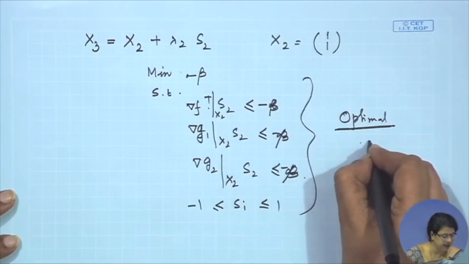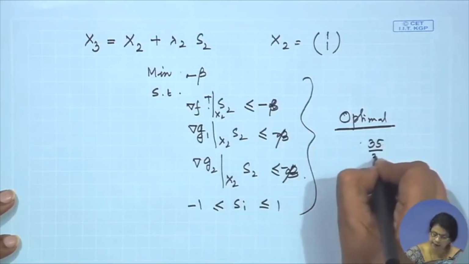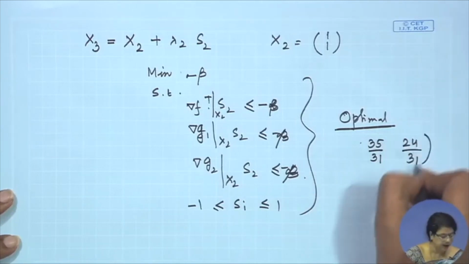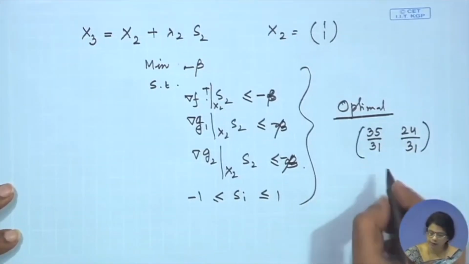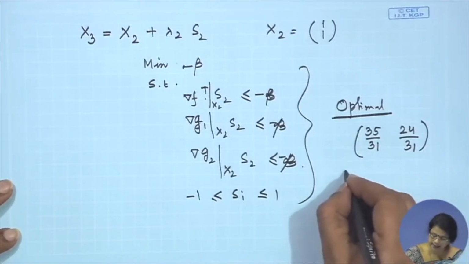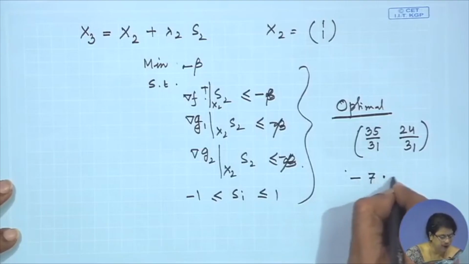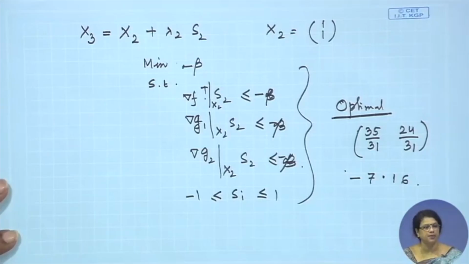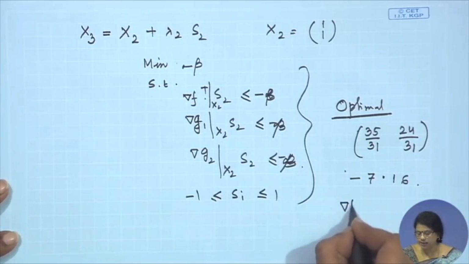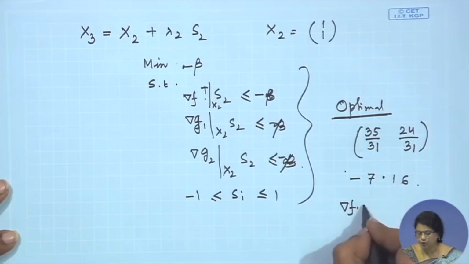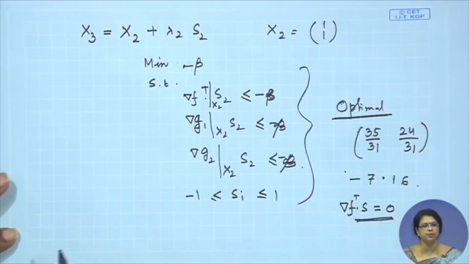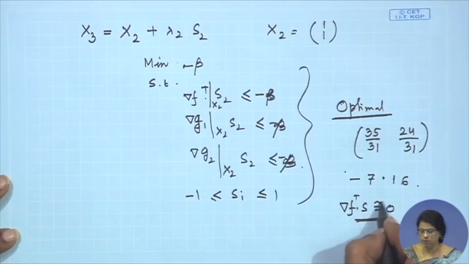The optimal solution you will get as 35 by 31 and 24 by 31, and the corresponding functional value you will get as minus 7.16. And you will see at this point grad f dot the direction will come as 0, that is your beta will come as 0, almost 0.